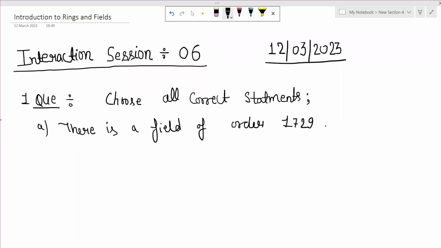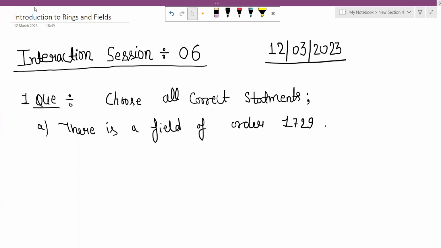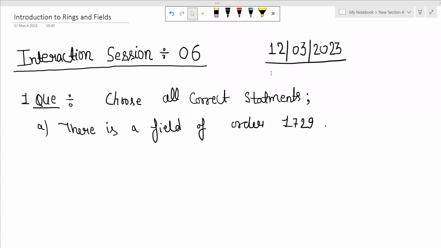Tell me, there is a field of order 1729. Is this statement correct or not? So what do you know about finite fields? What are finite fields? Do you have any idea? The order of a finite field must be of the form p to the power n, where p is a prime number and n is a positive integer.